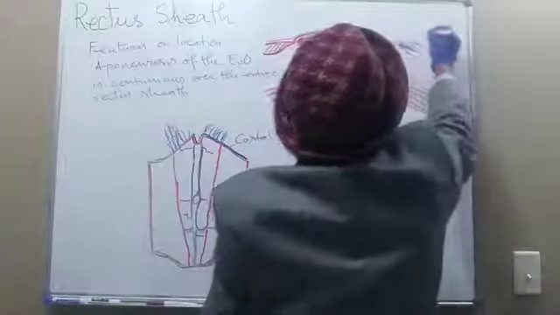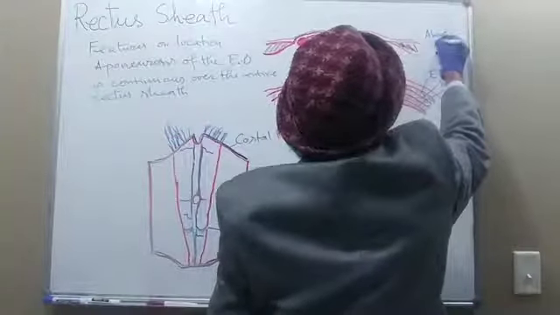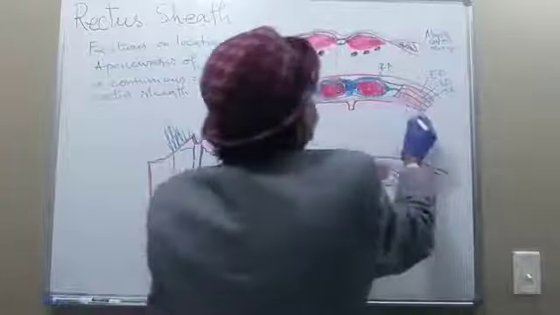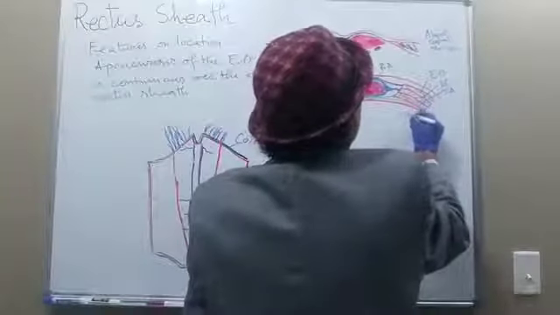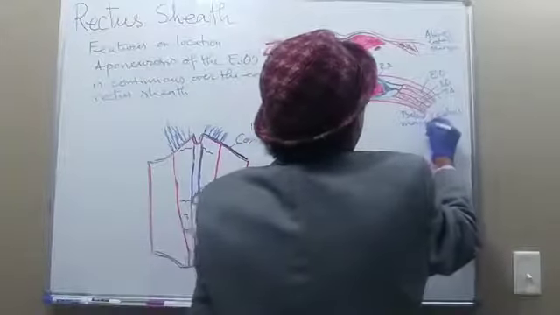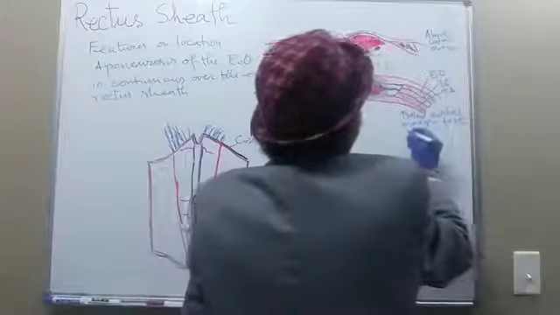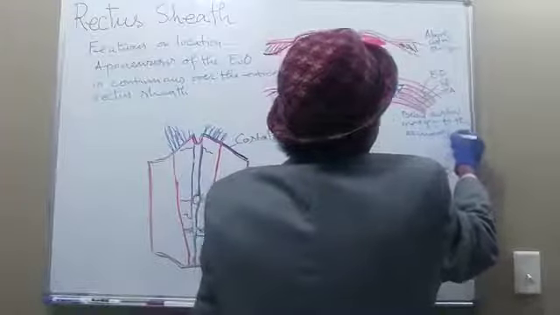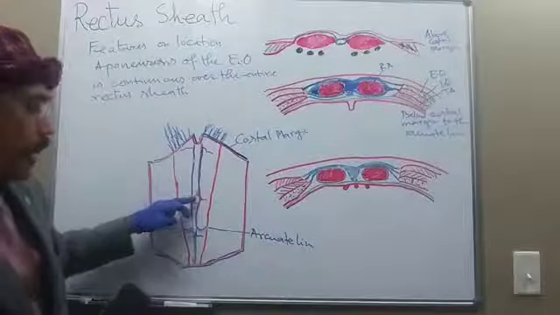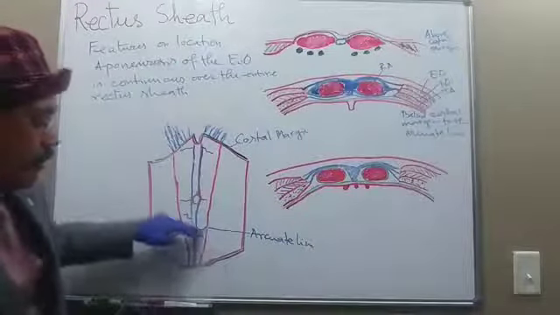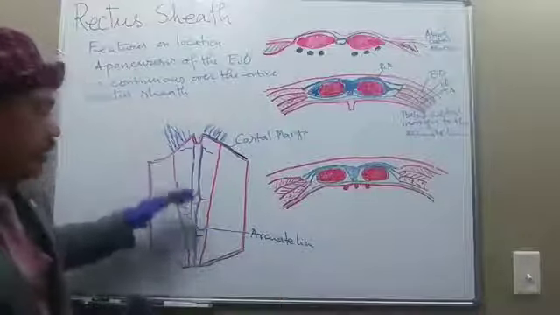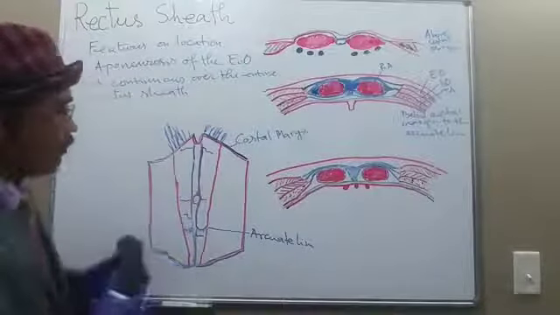We have three regions: above the costal margin, below the costal margin to the arcuate line, and below the arcuate line. The arcuate line is a concave line that is present between the umbilicus and the symphysis pubis.